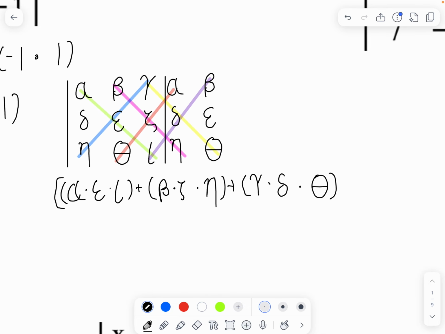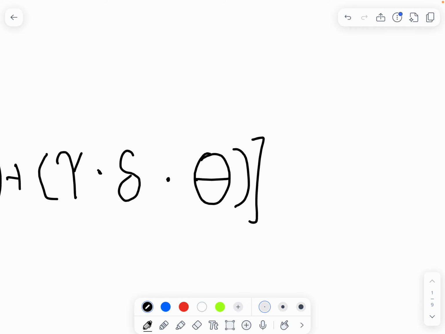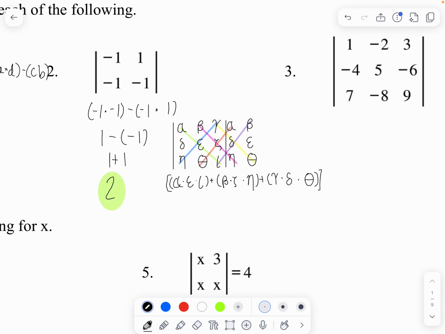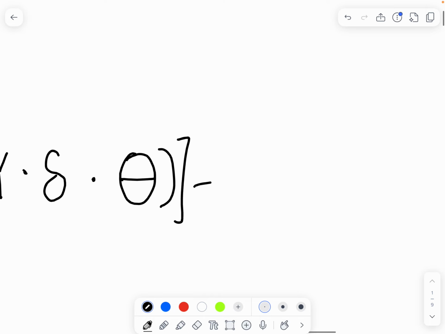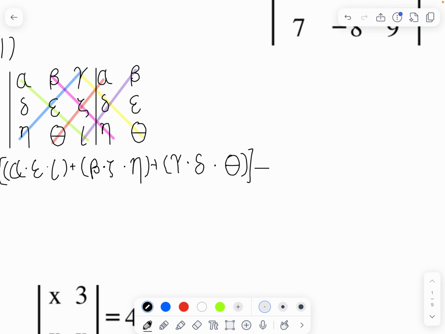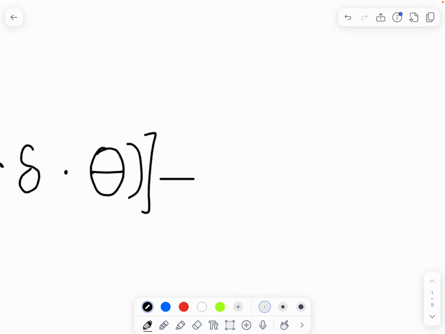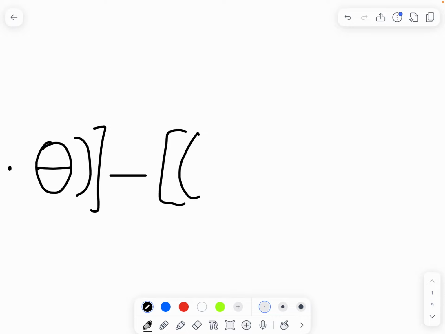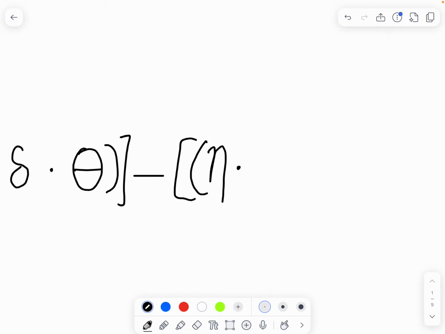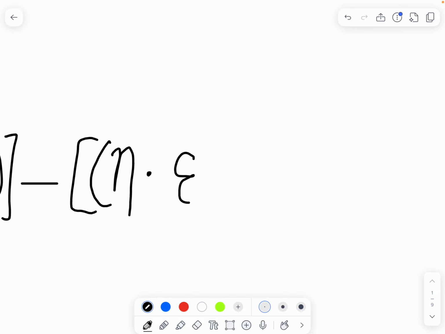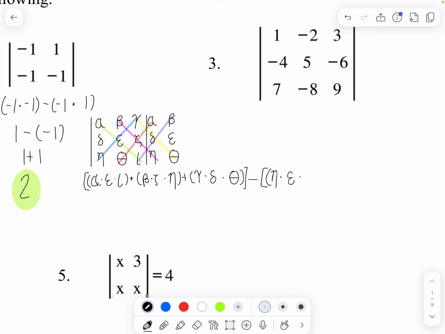And now we have that parentheses done. We close this with brackets, and then you might be asking, what about the other highlighted lines? Now we subtract and then do the same thing again, but this time with the other set of highlighted lines. So we would have eta multiplied by epsilon multiplied by gamma.